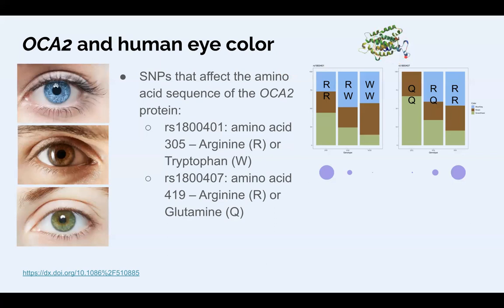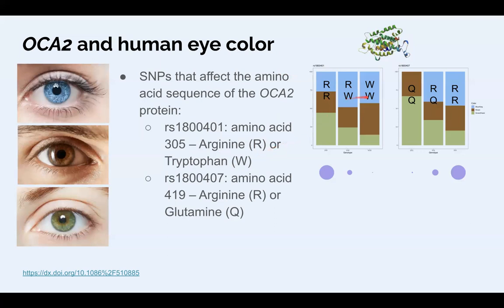Not too important that you know what that is, but maybe you like to see what a protein structure looks like. So one of those causes a change in amino acid at position number 305. So the 305th amino acid, depending on which SNP a person has, they can have arginine at that location, the R amino acid, or tryptophan at that position, the W amino acid.